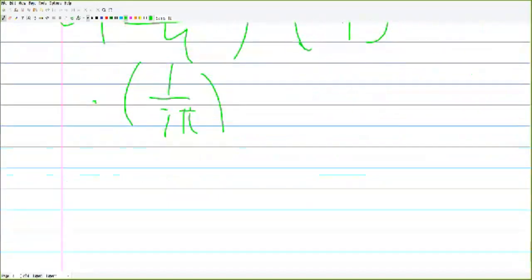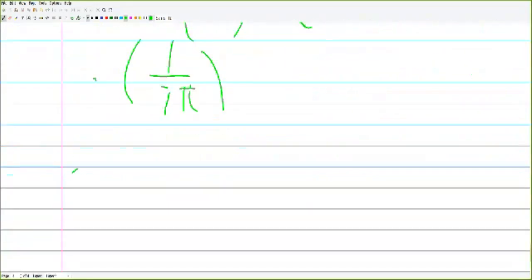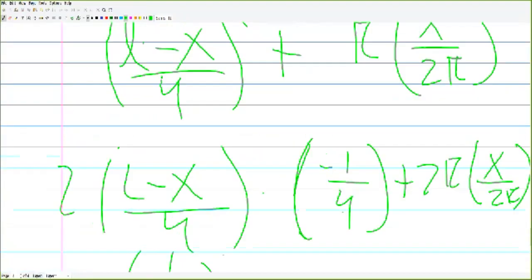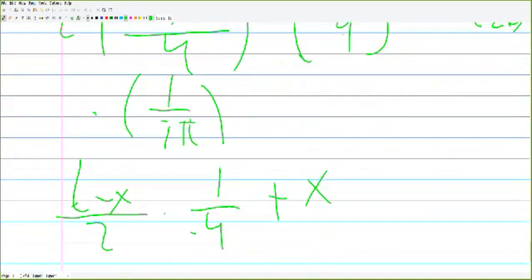So it goes L minus x divided by 2, is 1 over 4, plus 2 pi, so x divided by 2 pi.